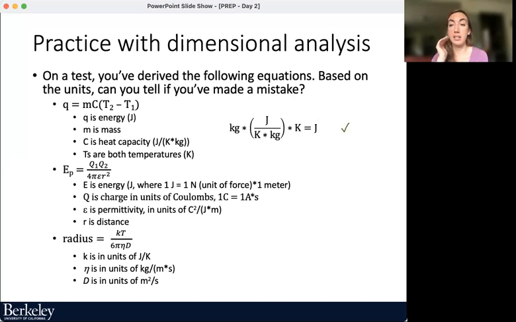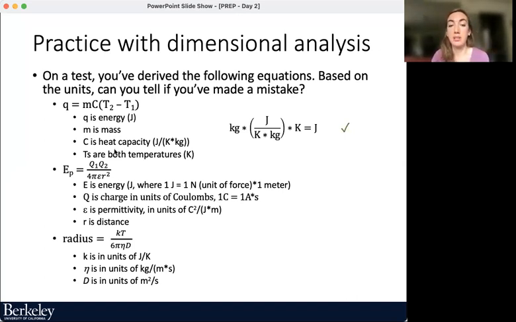Does that conceptually make sense of what we're trying to do? Yeah, so I'll mess around with the right to get the left, right? Exactly. We're just manipulating all of these units to see whether the units on the right equal the units on the left.